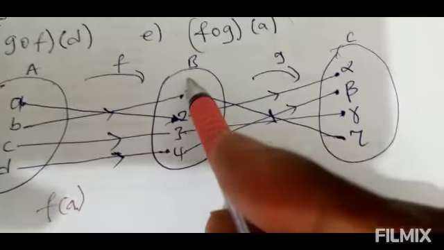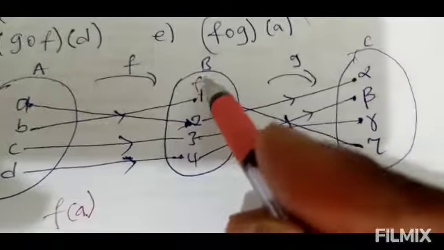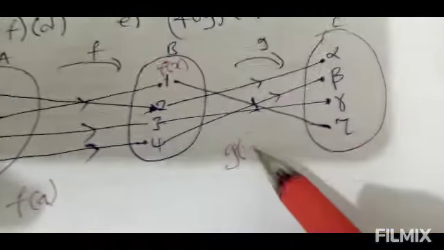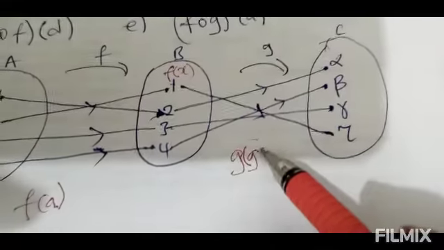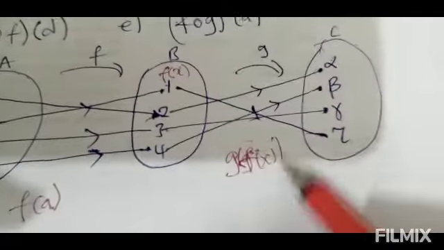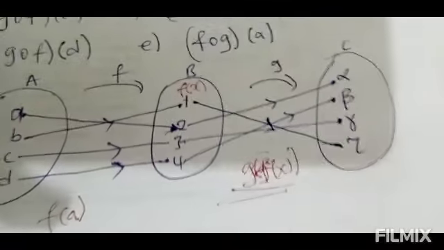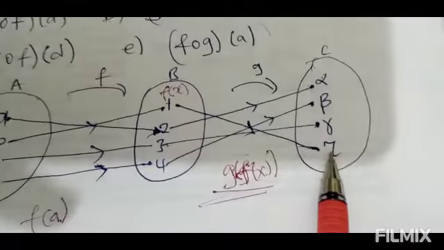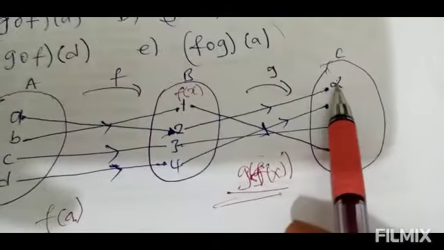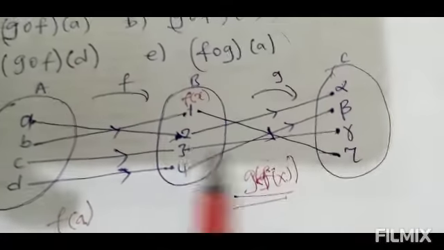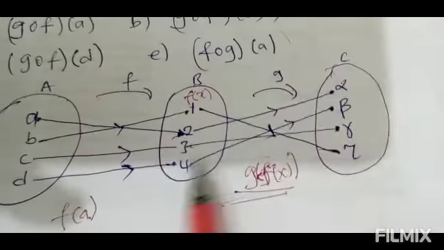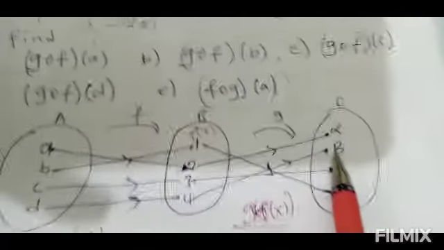Now what is here? It's f of x. So this becomes g of f of x. 1 goes to tau, 2 goes to alpha, 3 goes to gamma, and 4 goes to beta. So this is what we have right here.